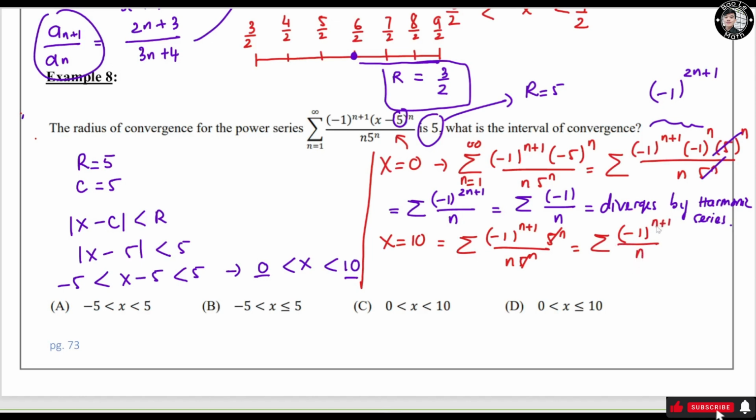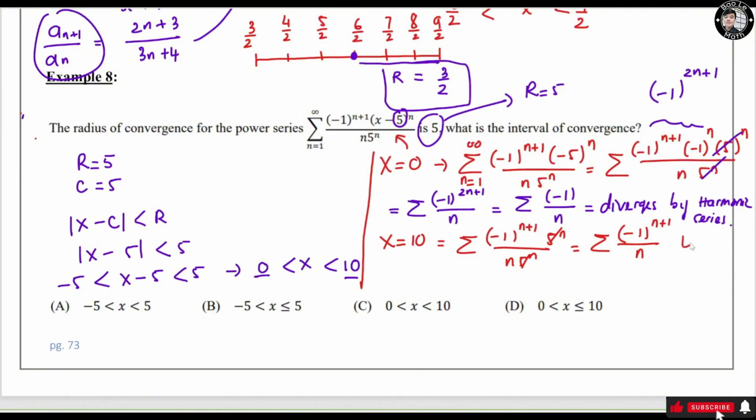Now if n is odd, then this guy becomes even, and this becomes 1. If n is even, then this guy right here becomes odd, and the whole thing becomes negative 1, right? So this one is actually an alternating series, right?